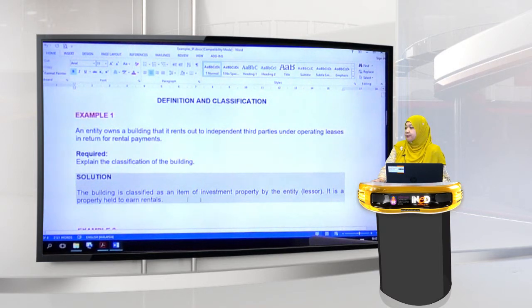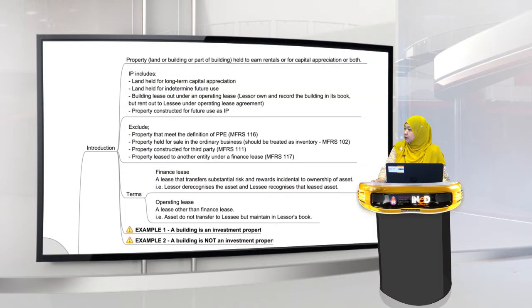Because it is a property held to earn rentals. So when we come back to our notes, property that is leased out under an operating lease, where the lessor owns and records the building in its book but rents it out to the lessee under an operating lease agreement, will fall under investment property, MFRS 140, right?